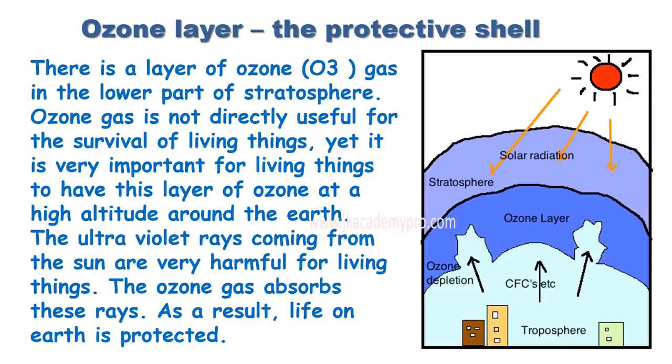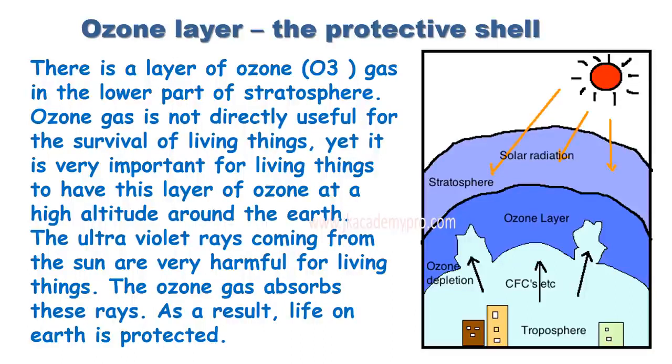Let's learn about the ozone layer that is present in our atmosphere. Now, there is a layer of ozone gas in the lower part of the stratosphere. Ozone gas is not directly useful for the survival of living things. That is, it is not directly used by all the living things on this earth. Yet, it is very important for living things to have this layer of ozone at the high altitude around the earth.